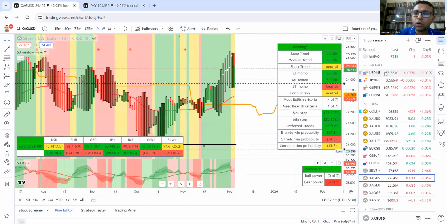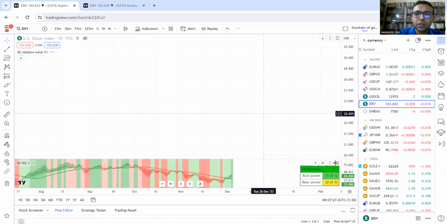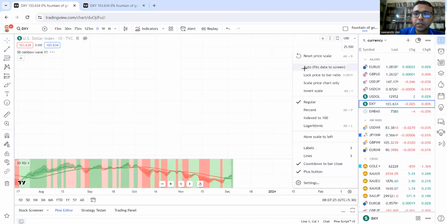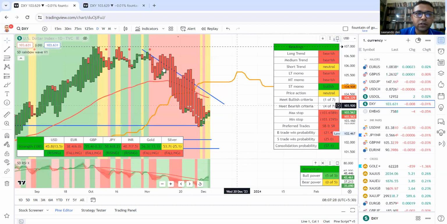Let's look at what dollar index is telling as per rainbow setup. So we can see clearly the momentum is coming back via SDRSI-X. The downtrend that we are seeing is now almost over. As per Rainbow, you can see the maximum stop loss that has squeezed and has been hit.